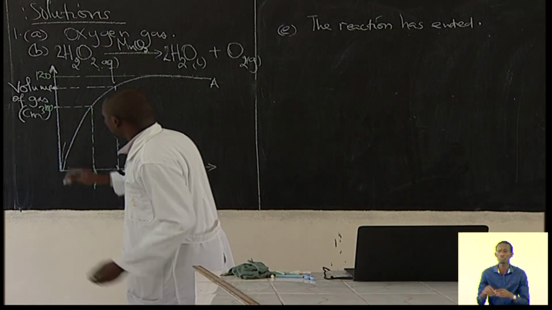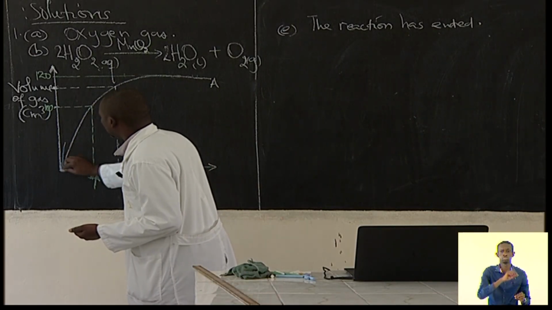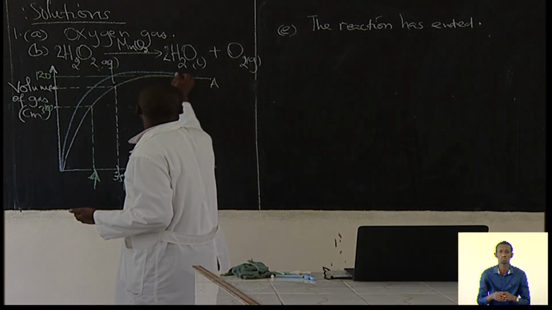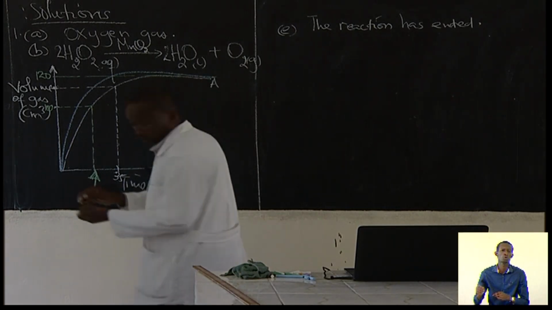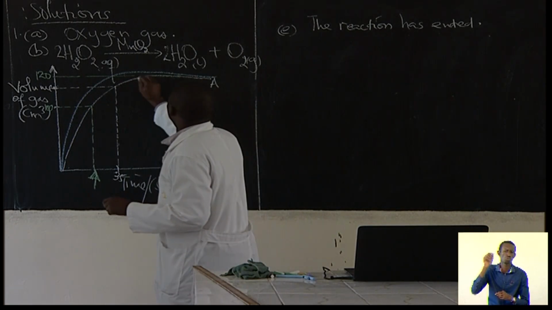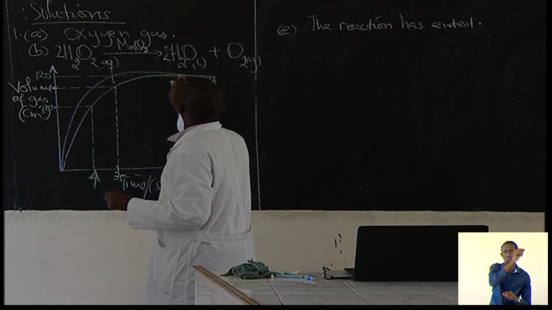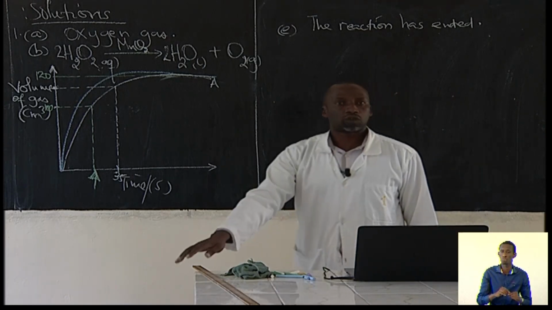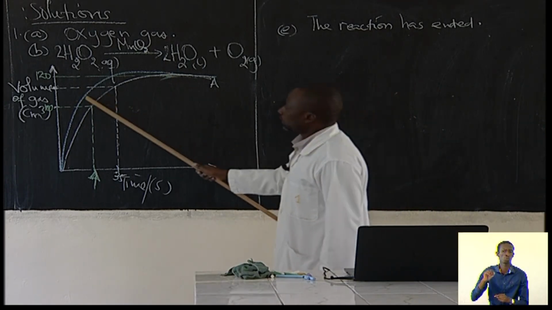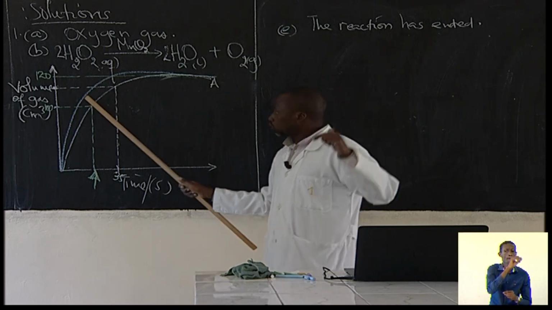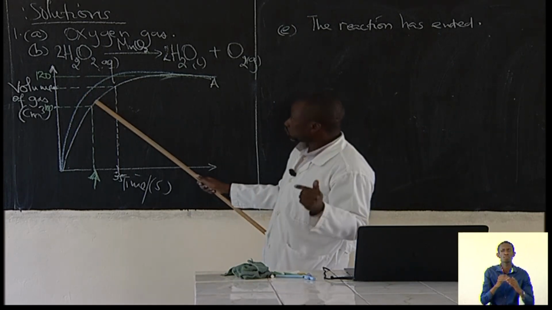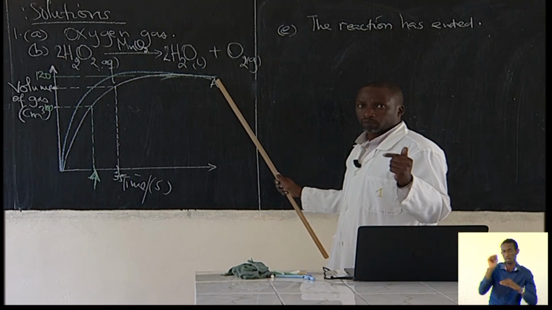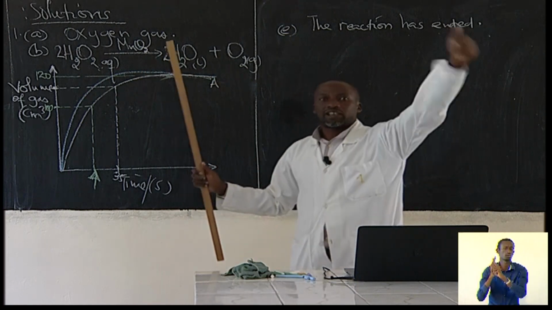The reaction starts at the same time, but this one is occurring much faster, so the graph moves in that case. This one is much faster than this one, and these reactions end at the same level, but one is faster than the other.